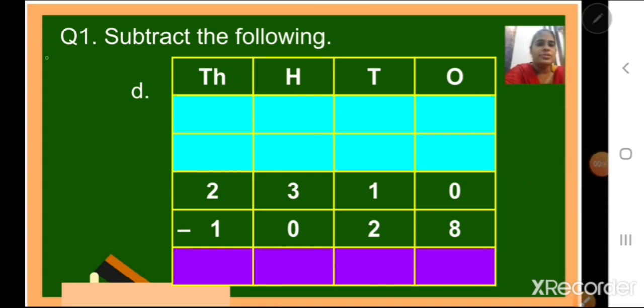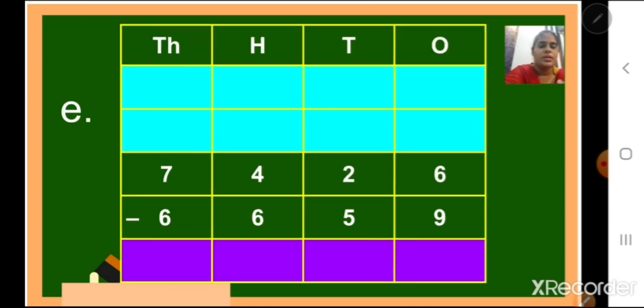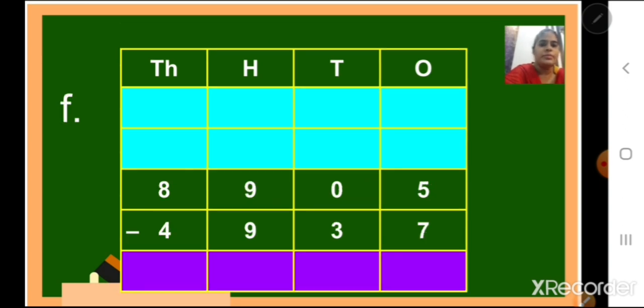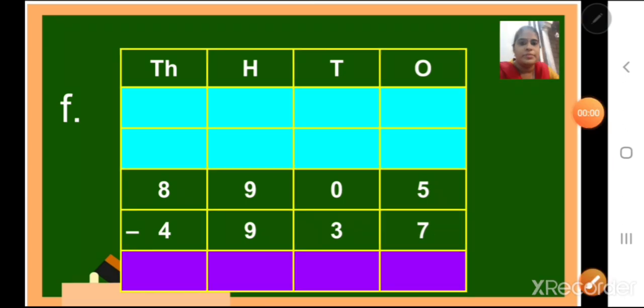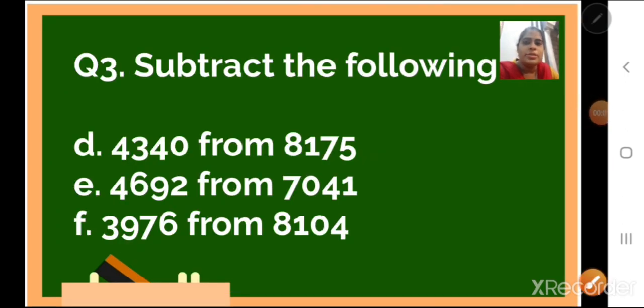It is from question number 1. Subtract the following. D sum: 2,310 minus 1,028. E sum: 7,426 minus 6,659. F sum: 8,905 minus 4,937.